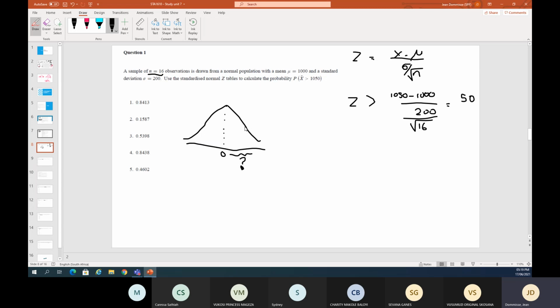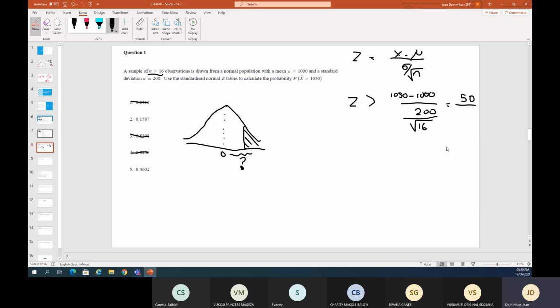I need to work out the Z bigger than that. So I know already that my Z is going to be smaller than 0.5. So with being smaller than 0.5, it's not that one, it's not that one, it's not that one. So again, already eliminating 3 of the options that they've given you without working out the answer yet.